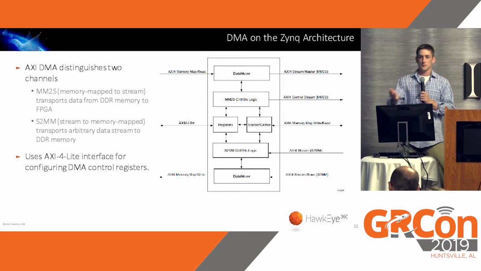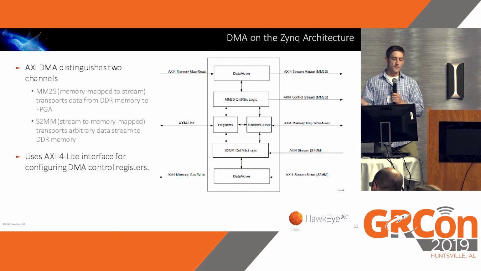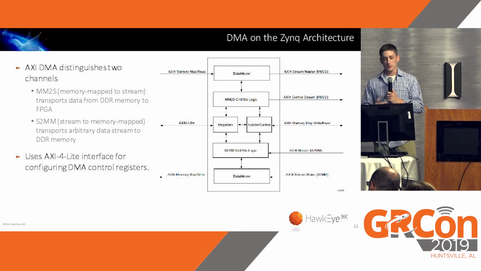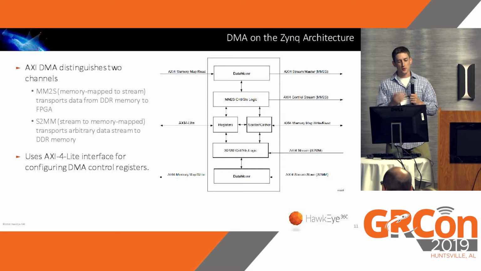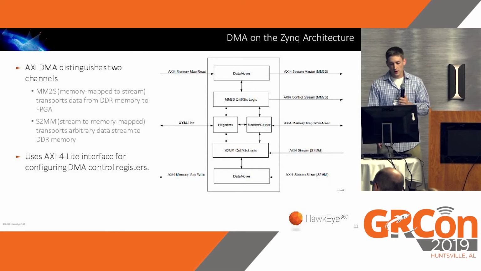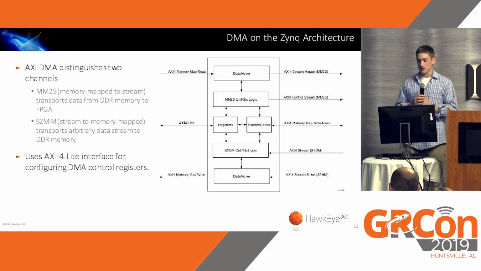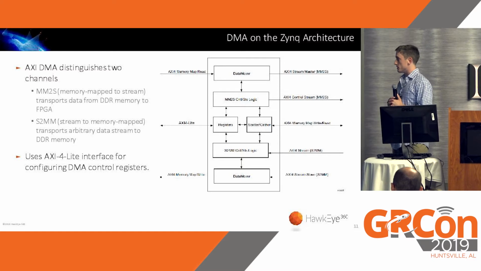This is like an AXI stream interface that you see on the FPGA, and you can read out the samples. And then the vice versa is stream to memory mapped. It's like you're trying to read stuff off of the 9361. This is the thing I'm most interested in, which is taking samples from a streaming interface and putting them into memory. And then when the processor is interacting with that, you use the AXI-Lite interface, which basically is a lower throughput interface, but it lets you set the registers in a pretty easy way.